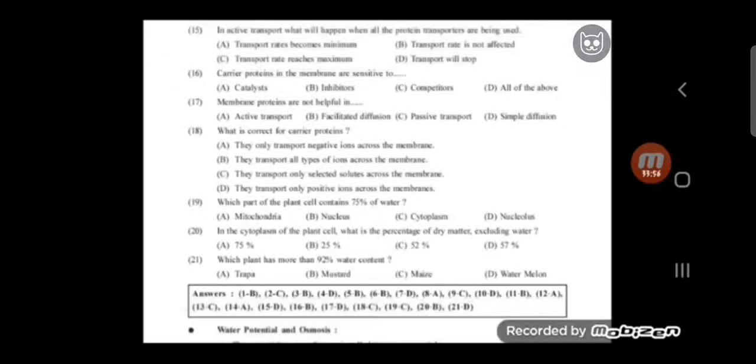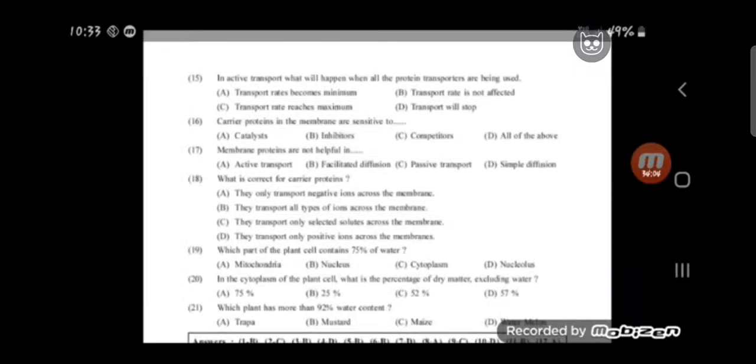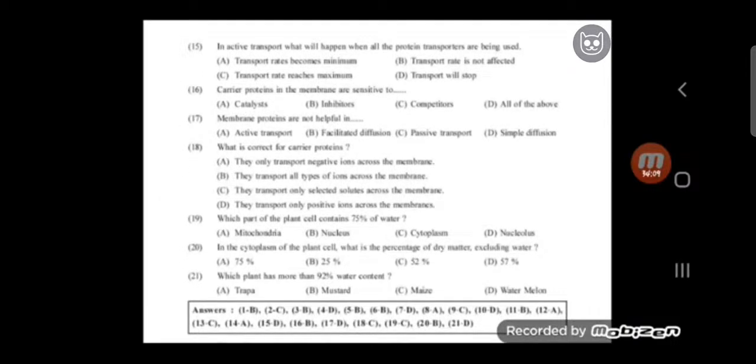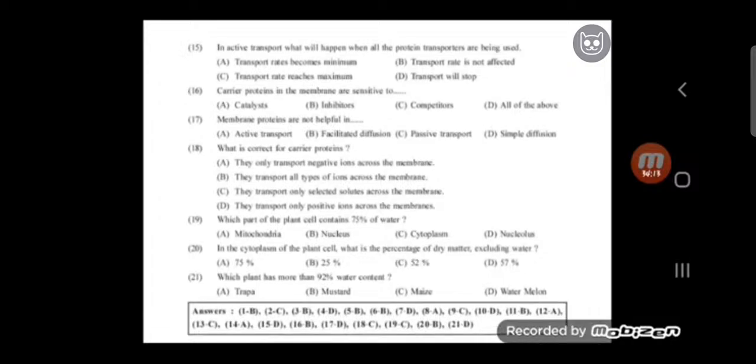So therefore the correct answer for question number 17 is option D, simple diffusion. Membrane proteins are not helpful in simple diffusion.